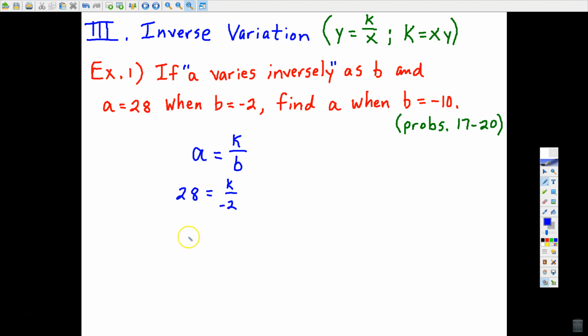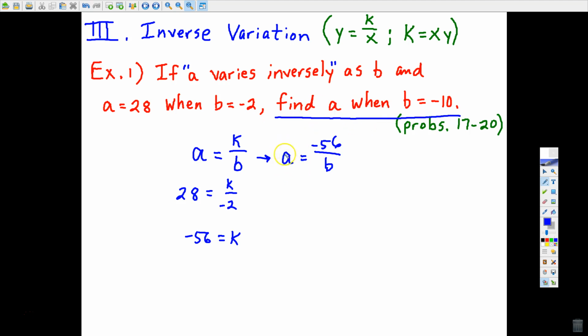We multiply by -2 on both sides, and we get K is -56. So we can go from very general, just very generic, to specific. Now I can turn this into A equals -56 divided by B. Start generic, find K, now get specific, and that's going to help you find the answer to this problem.